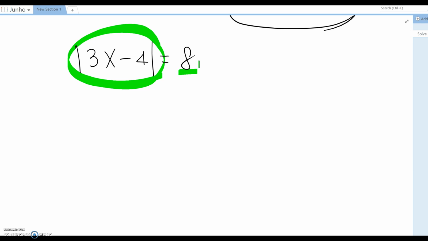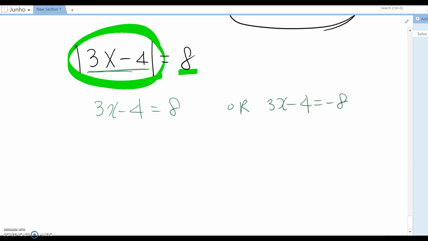Yes, it can be 8 or negative 8. It means this value must be 8 or negative 8. If any value satisfies 8 or negative 8, then those are 8 units from the 0. Okay? So from here, we solve that problem.